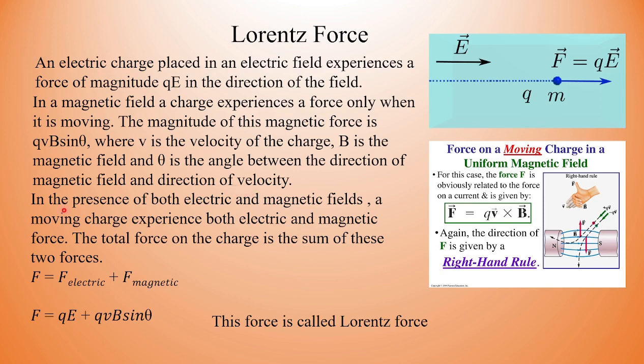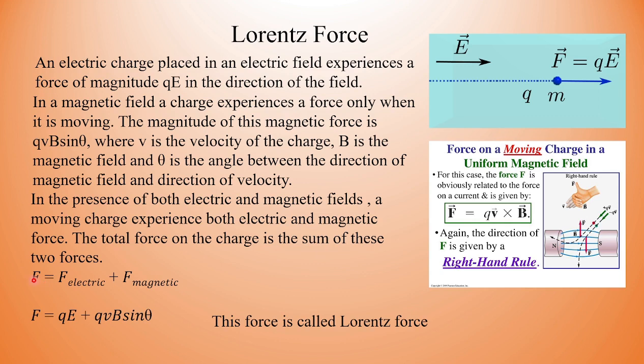Suppose in a region where both magnetic and electric fields are present, a charge is moving. It experiences both the electric and magnetic force. So the total force on the charge is the sum of these two forces.